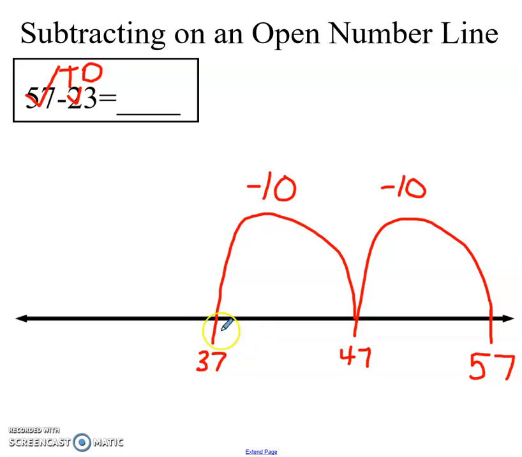Now I just have to take away 3 ones. So I'm going to do 3 little hops for my ones. Minus 1, minus 2, minus 3.